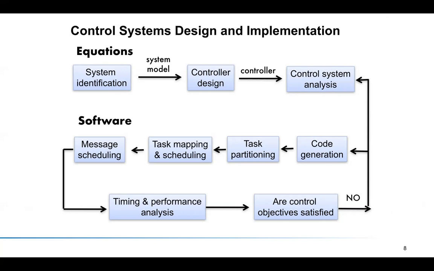And therefore, for the implementation part, which is marked as software, you generate code. Then there are steps like you partition the code into different tasks, you map the tasks onto different processors, then you schedule them, and then you do timing performance analysis and check whether the control objectives are satisfied. And if not, then you go back and either redesign the implementation or redesign the control strategy.